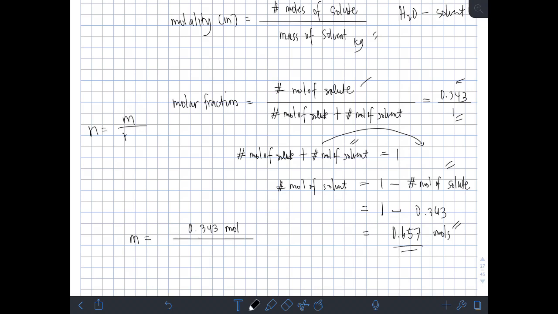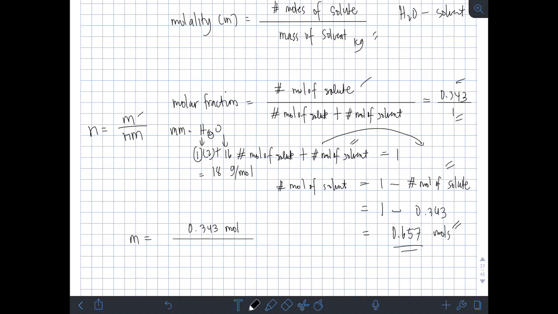Mole is mass over molar mass. What is the molar mass of our solvent? H2O: the atomic mass of H is 1, with 2 atoms so times 2, plus oxygen, 16. So altogether that is 1 times 2 plus 16, or 18 grams per mole.